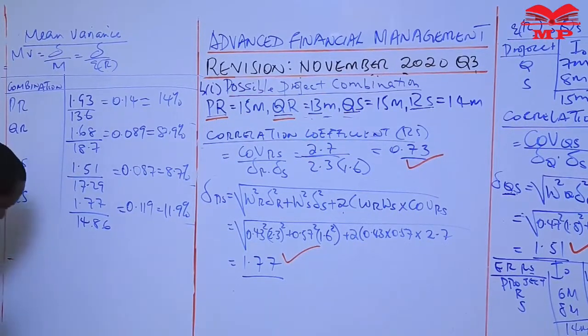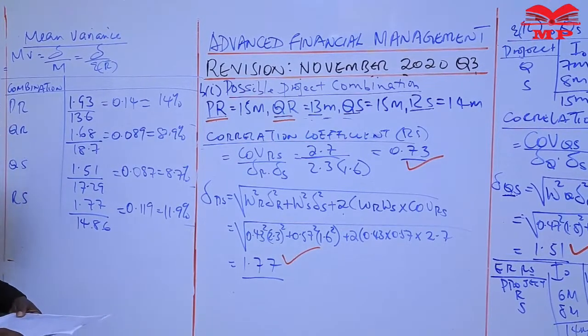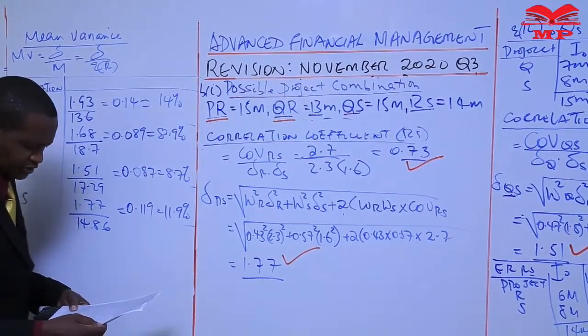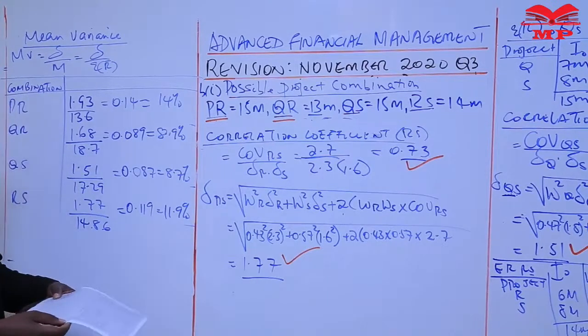Then based on these mean variances, we are to advise this company. The question reads, advise the shareholders of Mali Investment Holdings on the optimal project pair based on the mean variance criterion.